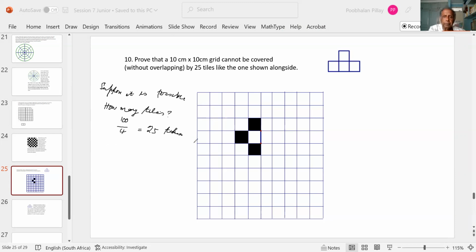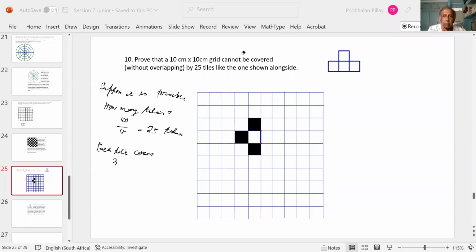All right. Now, those 25 tiles cover this. But notice that if you color this thing like the chessboard, each tile covers 3 blacks and 1 white, in the example that I've shown.